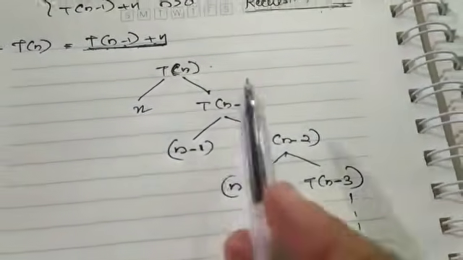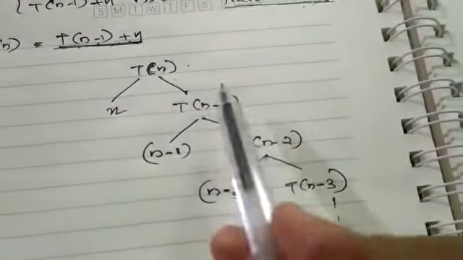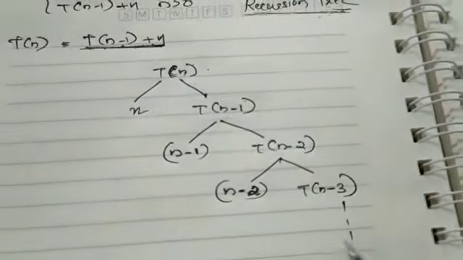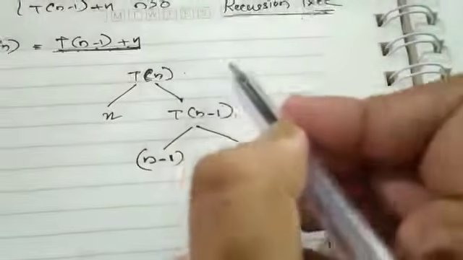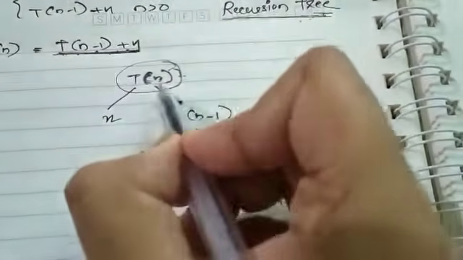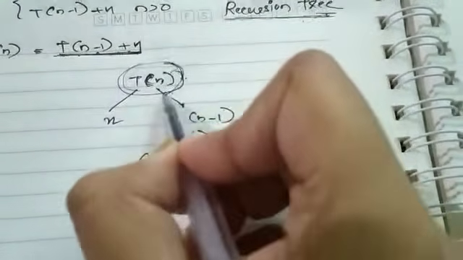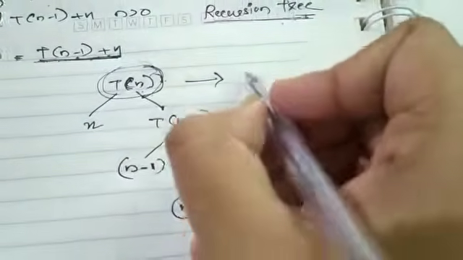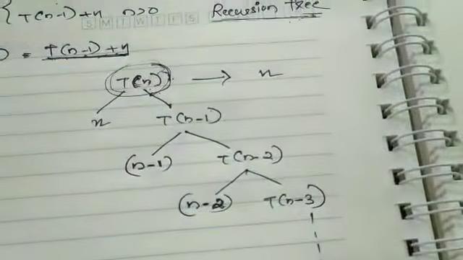Then let us see how to solve this recurrence relation using this recursion tree. For that, I am calculating the time complexity in each step. So first of all, I am considering T(n). How much time is taken to execute this T(n)? I can say it will take n times.